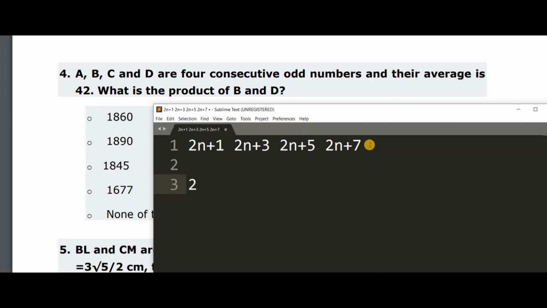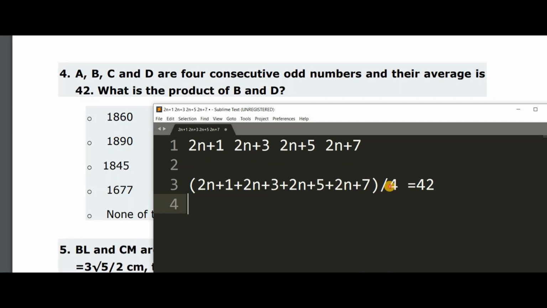So let's add these numbers to calculate the average. So we are calculating average. So we have to divide this number by 4. So that is equal to 42, which is given.